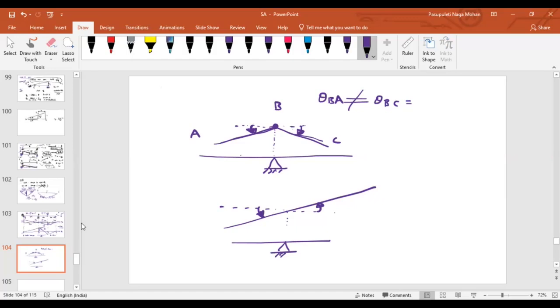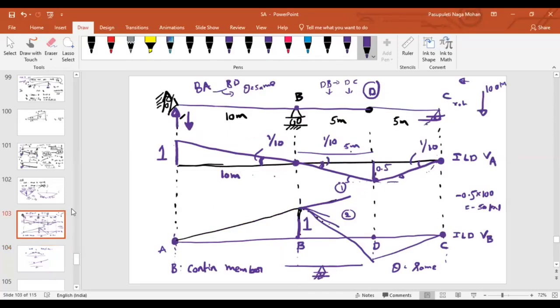So wherever you are considering different rotation, indirectly you are treating them as a hinge connection. As in the present case, B is a continuous member. As it is a continuous member, slopes should be the same. As the slope should be the same, do we have to go for path 1 or path 2? Path 1, sir.